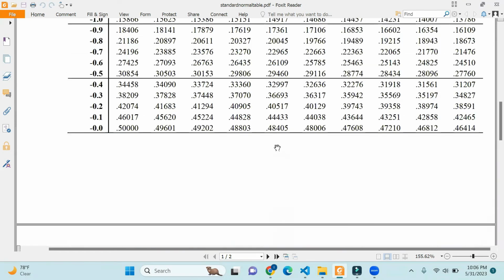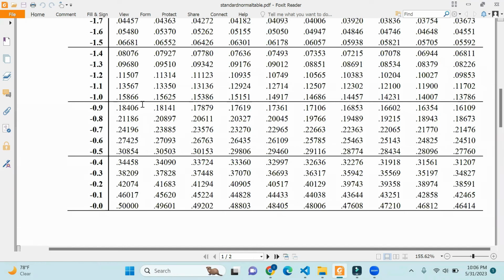Let's try to match 0.08. So this value, 0.0806 or 0.07927, is the nearest match for this lower middle probability 0.08. The Z-score is negative 1.4.